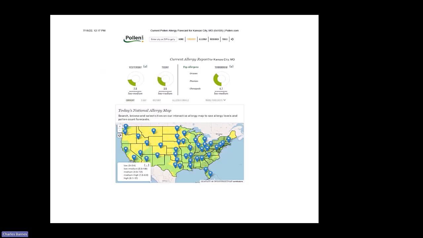And so when you get a pollen and spore count off of the news or national news or something like that, it generally comes from pollen.com. And what they produce are estimates of today's pollen into the future.